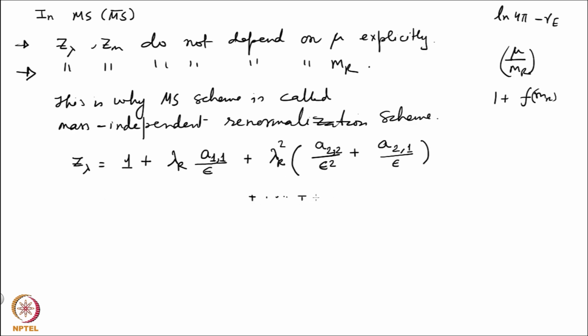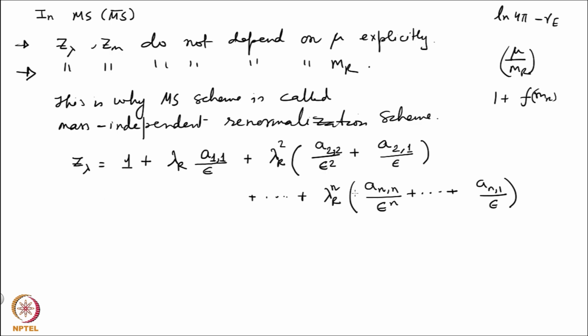The general structure is that it will be lambda r to the n, a n,n. So you'll get an order n pole at order lambda r to the n. Then you will have lower poles, and this ends finally at a simple pole at order n.